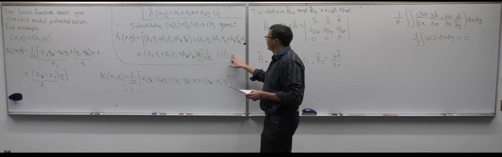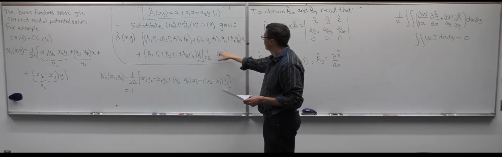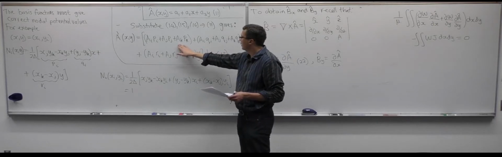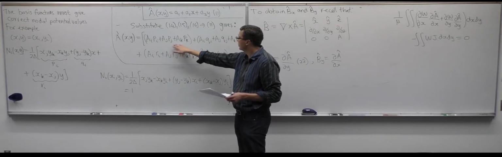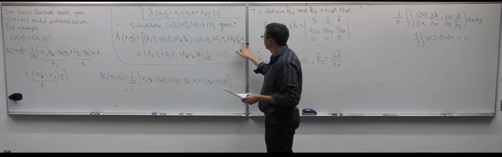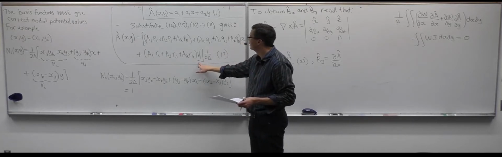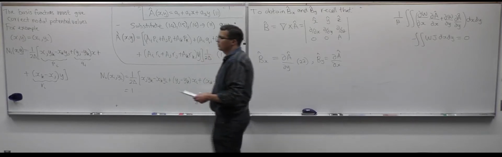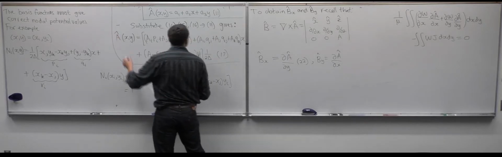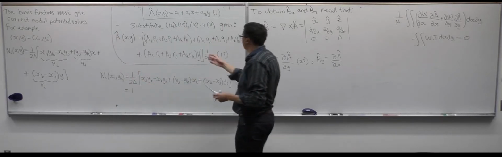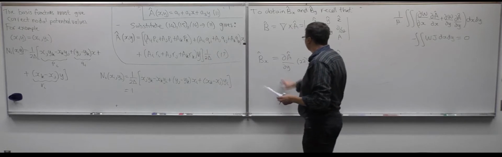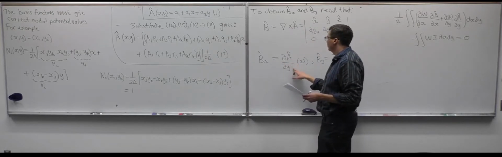Okay, so 17 is written in terms of basically a constant term first. The second term is a function of x, and the third term is a function of y. So if we take the derivative of this trial function with respect to x and y, that will give us the Bx and the By values. So Bx is the derivative of A with respect to y.